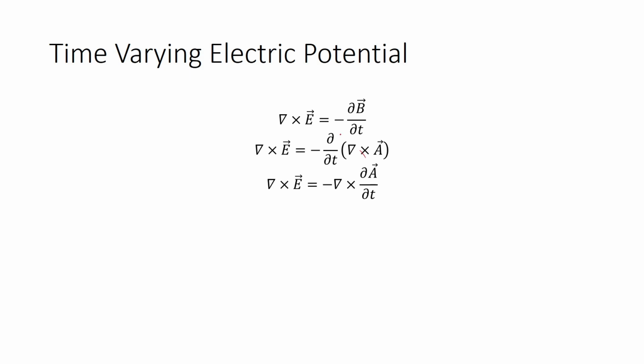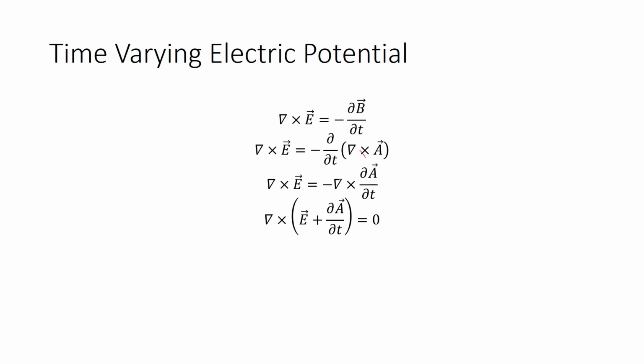So I can rewrite this expression as ∇×Ē is equal to minus ∇× ∂Ā/∂t. If I take it to my left hand side, I get that the curl of Ē plus ∂Ā/∂t is equal to 0.